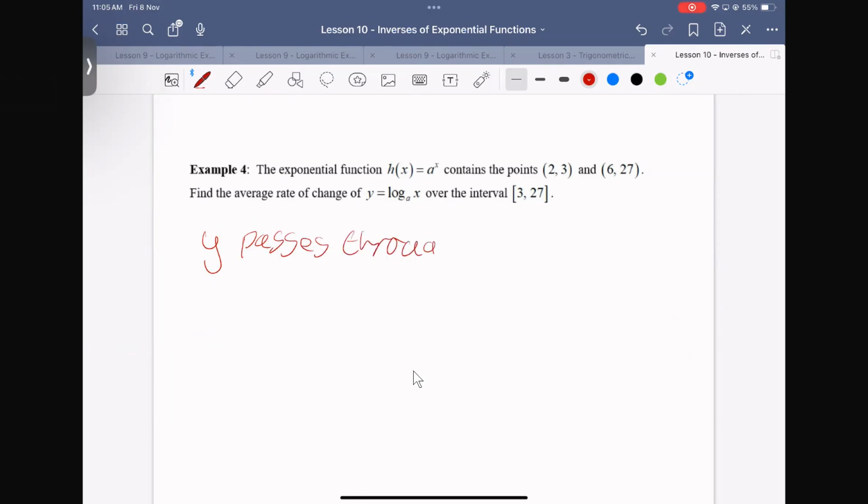Give me 2 coordinates that this passes through. 3, 2. And 27, 6.